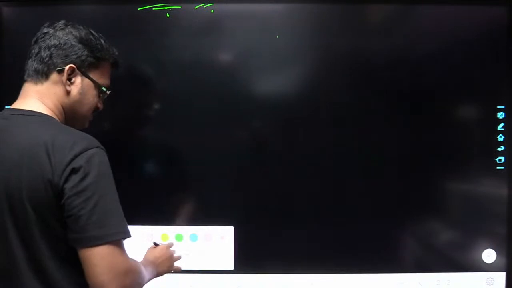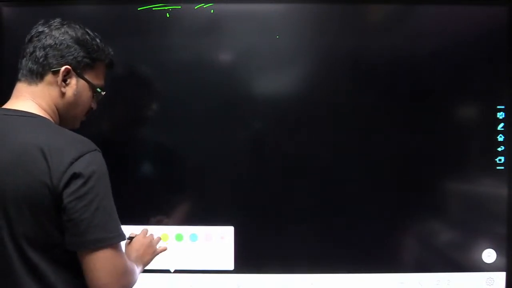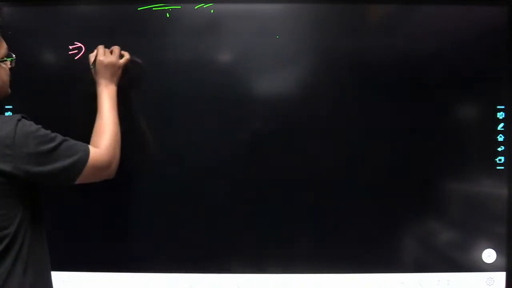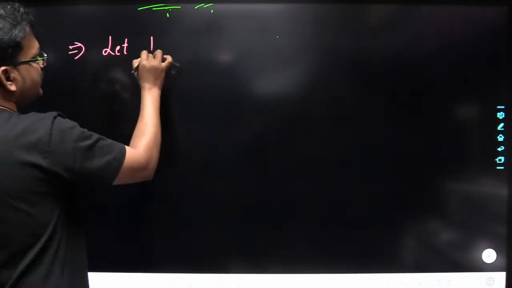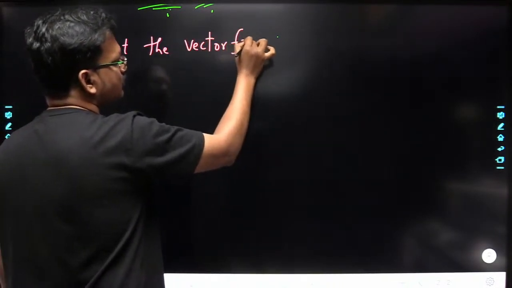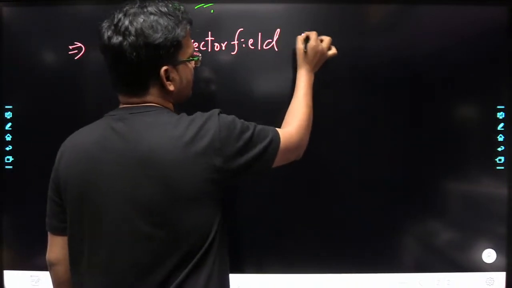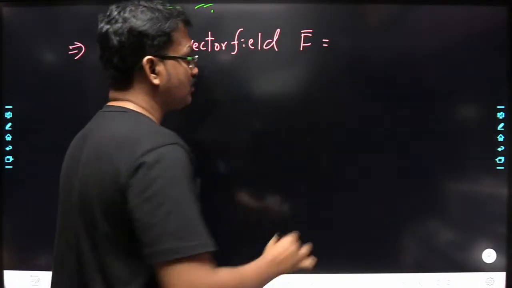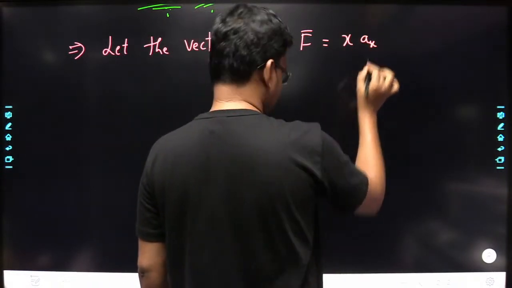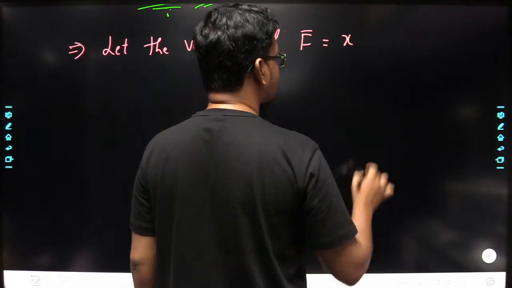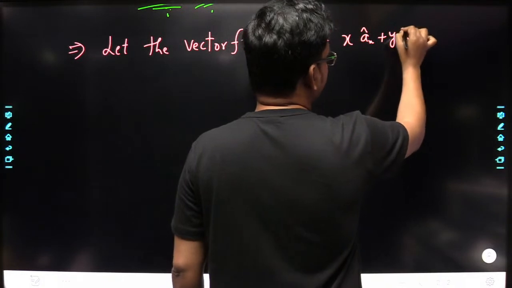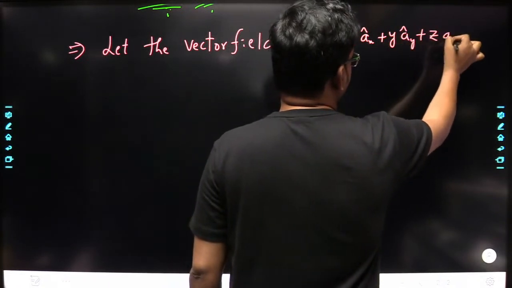So now let us take one simple problem here. Let us consider the vector field f bar is equal to, we will take some simple vector field here, that is x ax cap plus y ay cap plus z az cap.